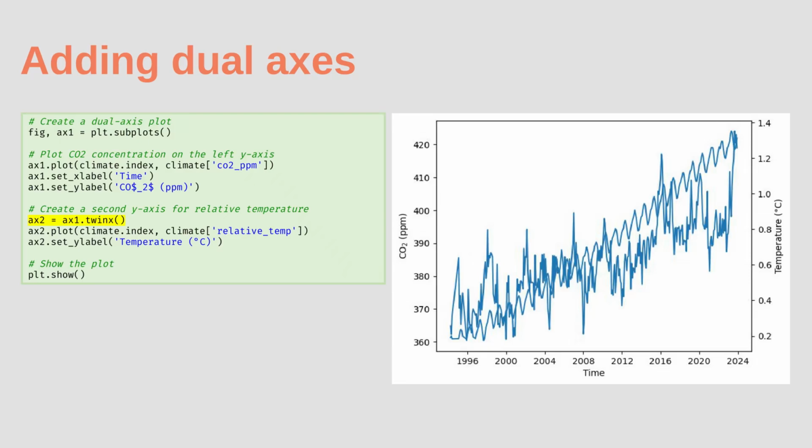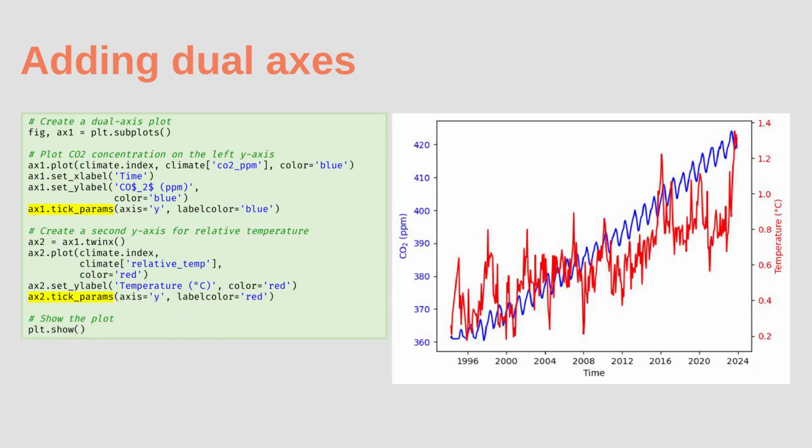Let's fix that. To make it easier to tell the 2 variables apart, we'll use different colors for each one. We assign a color to the first variable, carbon dioxide, by using the color keyword in the plot function. We also set the same color for its y-axis label using the set_ylabel method. Then we do the same for the second variable, relative temperature, on the twin axis.